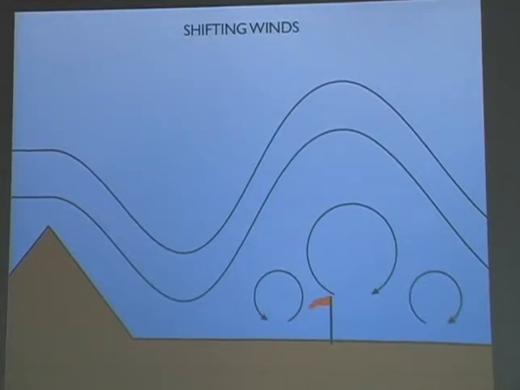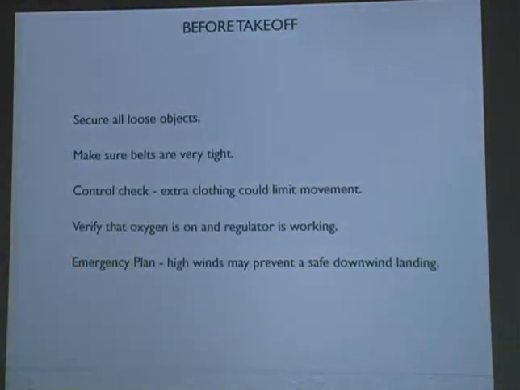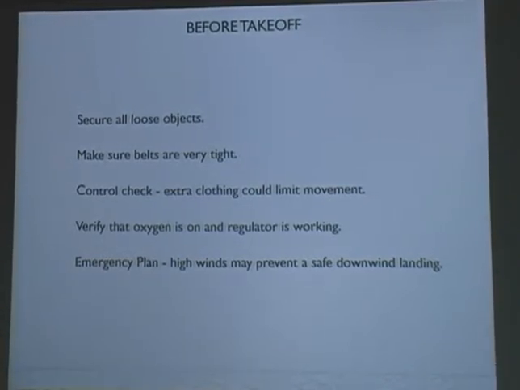Just going up to 1,000 feet and coming back. You take off in one direction, and then, whoa, we're going to come back the other direction. So you have to be very aware of that. You just don't trust the wind is going to stay steady for any amount of time.